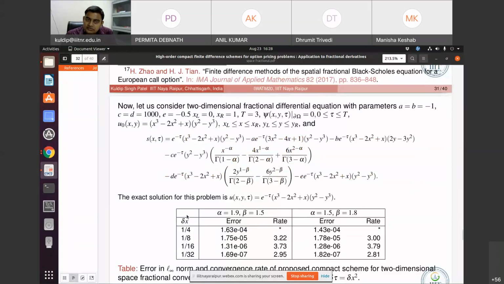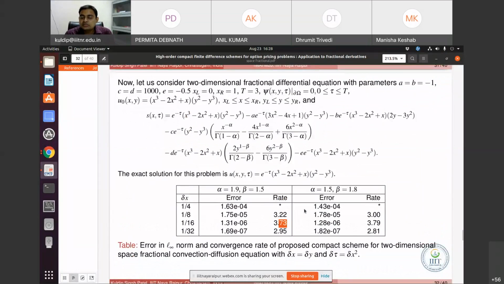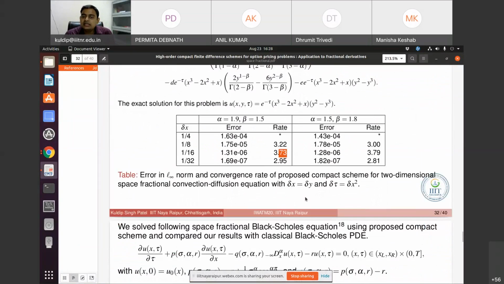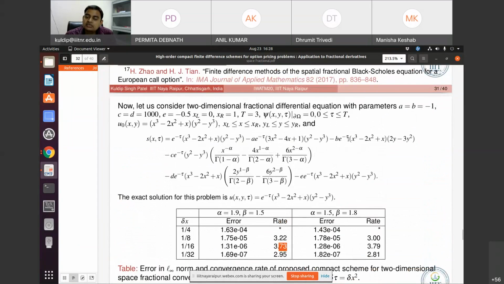So then we got the rate of convergence. Yeah, sometimes it is around 3, sometimes roughly 4. So between 3 to 4, I would say. So this is what we did for this two-dimensional advection diffusion reaction equation, and we could achieve this fourth order of accuracy.